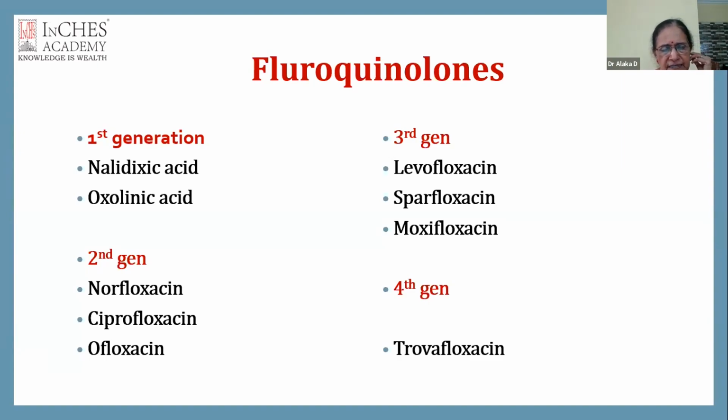Then came ofloxacin, a once a day dose, and therefore it was the antibiotic of choice of many people. The third generation was levofloxacin, sparfloxacin, and moxifloxacin. I remember when I was associate professor, sparfloxacin had come, but that caused very severe reactions, and therefore it didn't become popular, at least in our country.